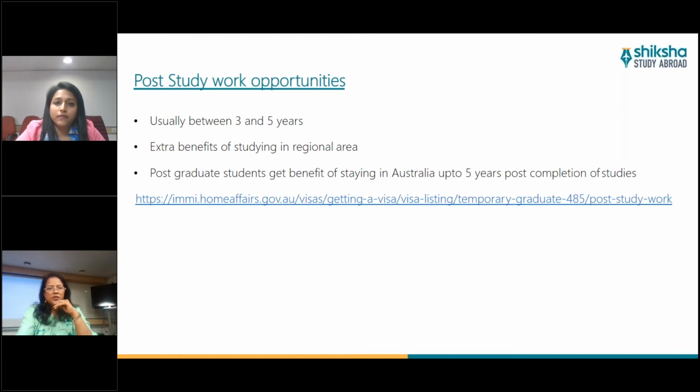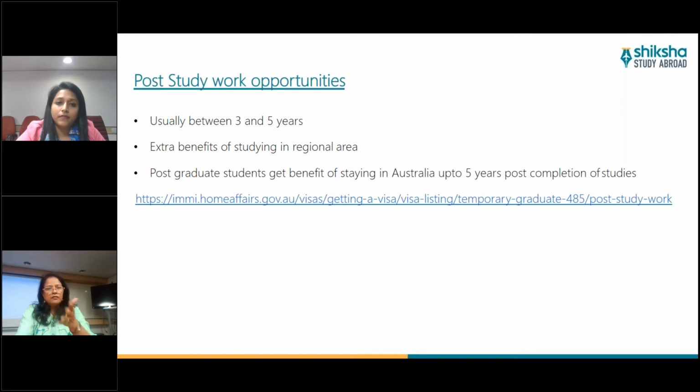I would like to take a few more minutes to explain that after graduating from an approved institution, students can apply for 3 to 5 years of post-study benefits. Extra benefits, as indicated by the immigration people, mean that under the regional areas you can stay and extend your stay permission further.